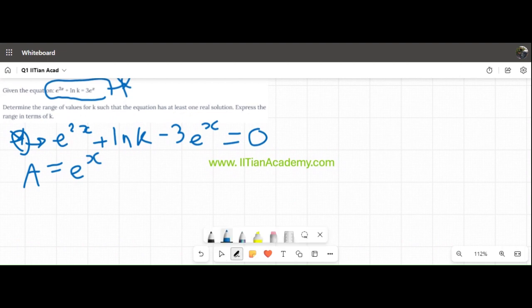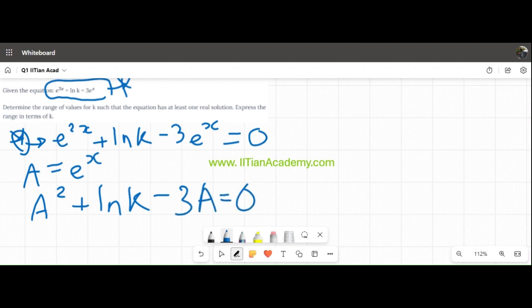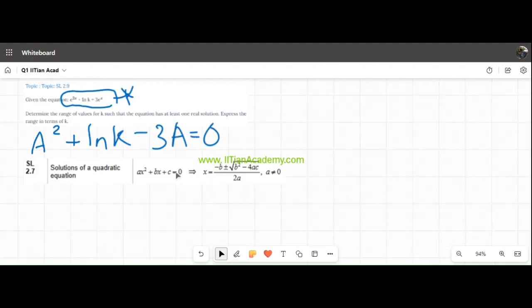So our equation then becomes a squared plus ln k minus 3a, which is equal to 0. Okay, with this equation, we can use the quadratic formula to solve for a.